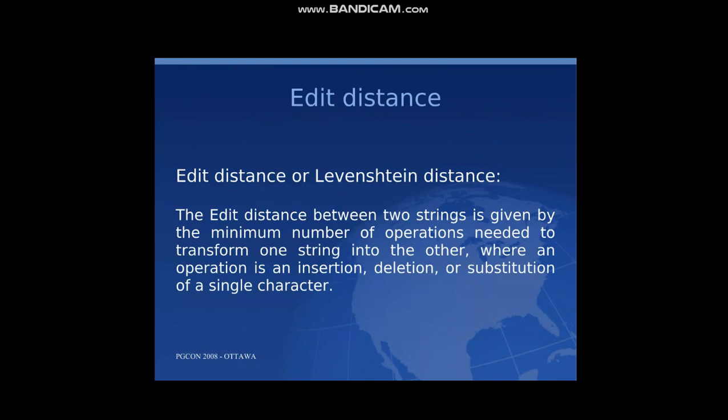Edit distance or Levenshtein distance. The edit distance between two strings is given by the minimum number of operations needed to transform one string into the other, where an operation is an insertion, deletion, or substitution of a single character.